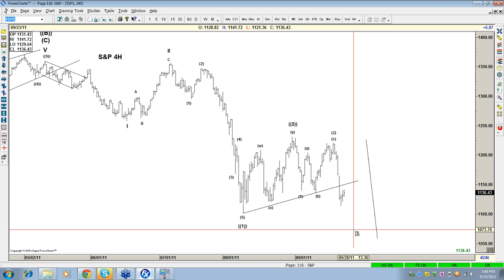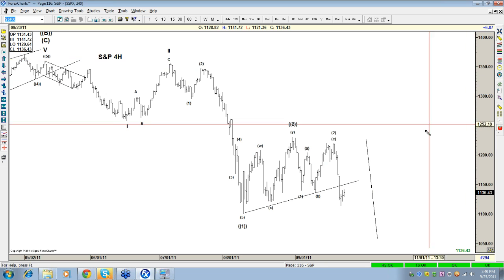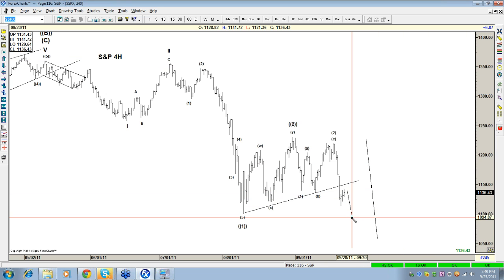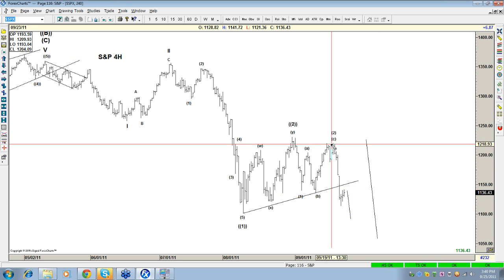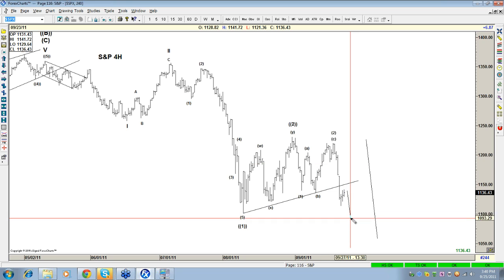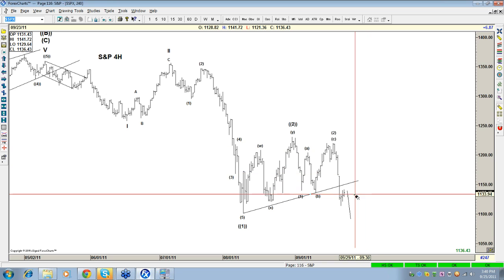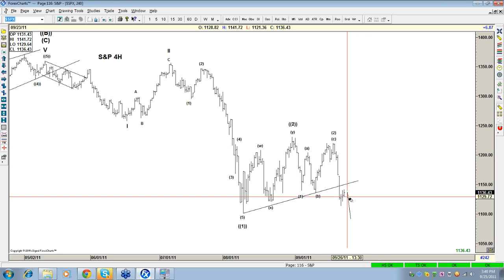But the thing is that we're gonna need another nest, because with a new low right here, I'm gonna see 5 waves from here. But I'm gonna see 1, 2, 3 waves from here.